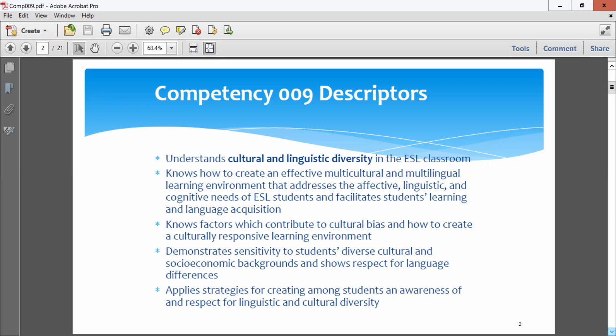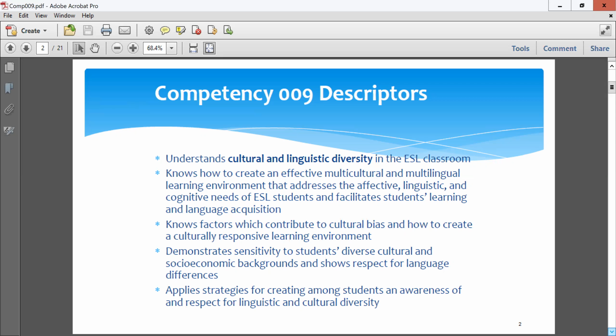And then knowing factors that contribute to cultural bias and how to create a culturally responsive learning environment. And there's lots of materials nowadays to explore more ways of doing this, information about implicit bias and things like that to really help, because we don't often recognize our own bias.